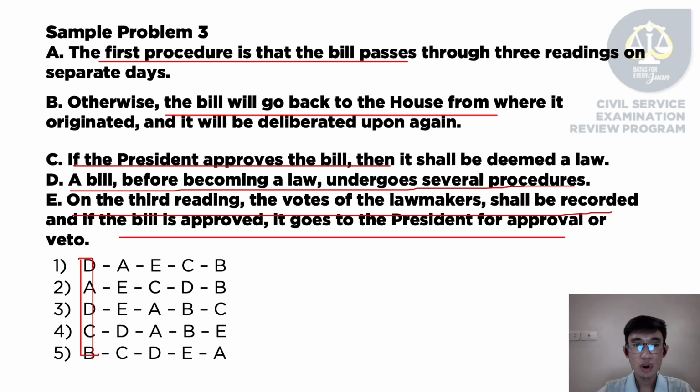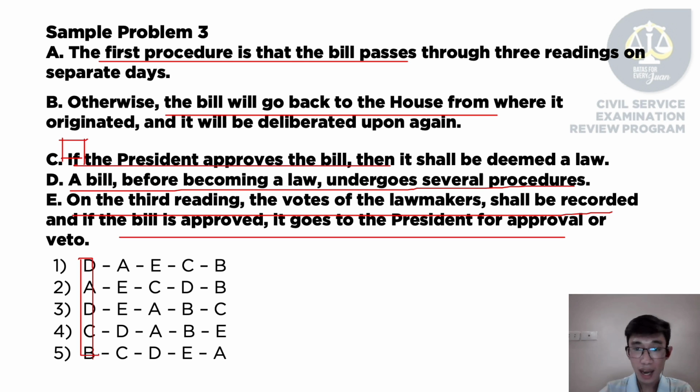Okay? So, upon reading all of them, okay, hindi pwede si letter C. Why? Kasi it starts with if. Ano ba ulit yung ano natin sa if? If means na merong kondisyon mula sa previous sentence. Okay? So, hindi yan pwedeng maging first sentence.